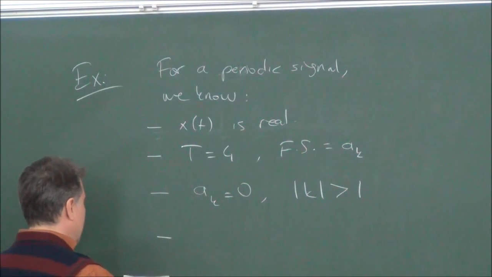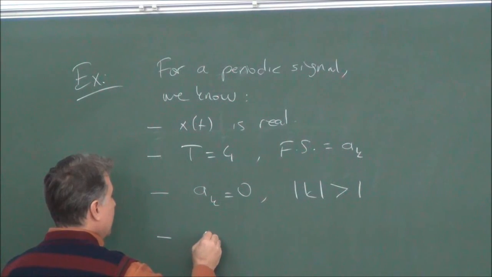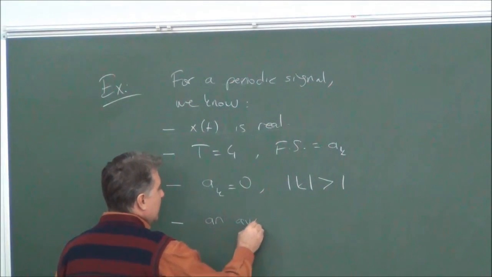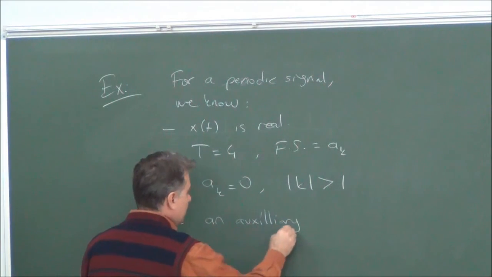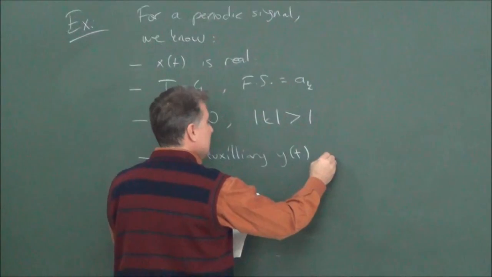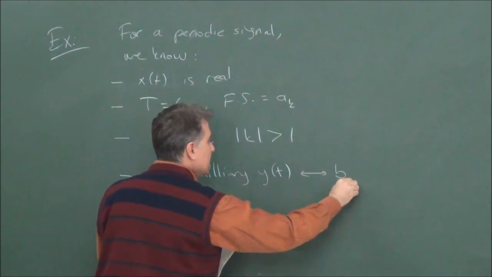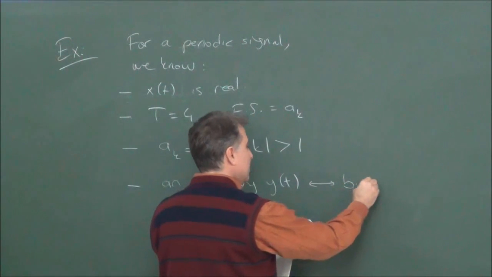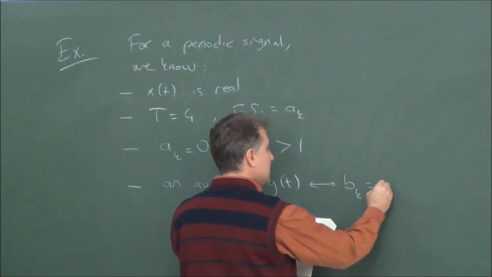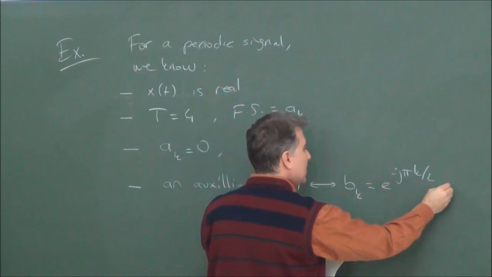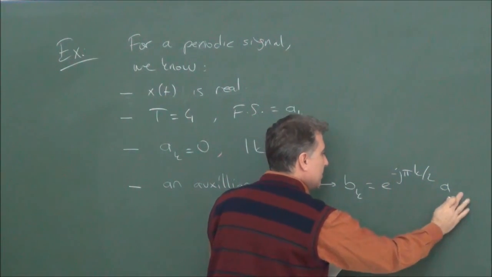And we have an auxiliary signal y of t that has Fourier series coefficients bk's associated to the original signal's Fourier series coefficients as this, e to the minus j pi k over 2 times a minus k.